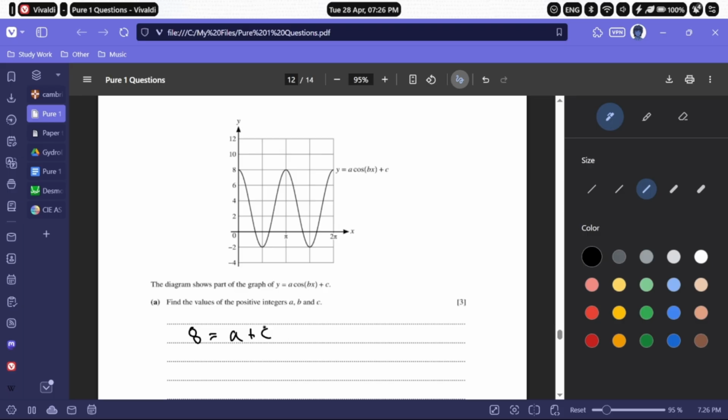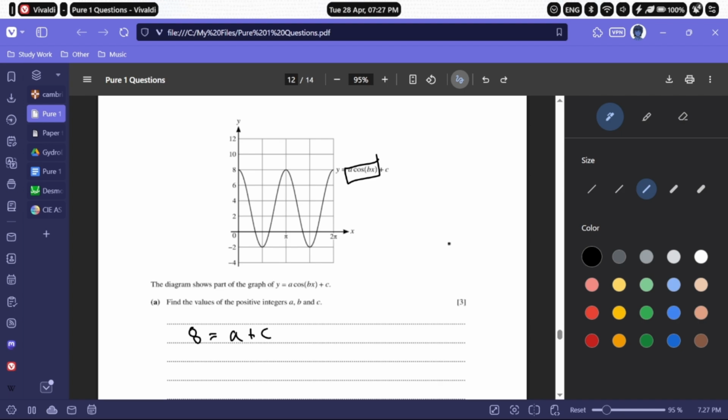After that, wait, hold on. Let me see. When this entire thing over here is 0, that's what your minimum value would be, because that's how the cos function works. a is something positive because it's your usual cos x graph.